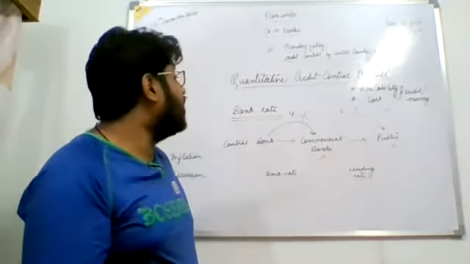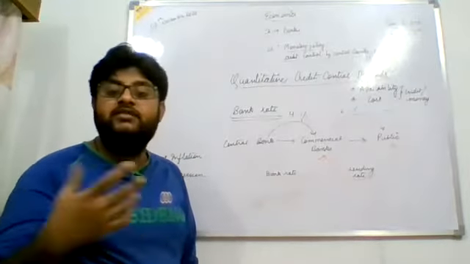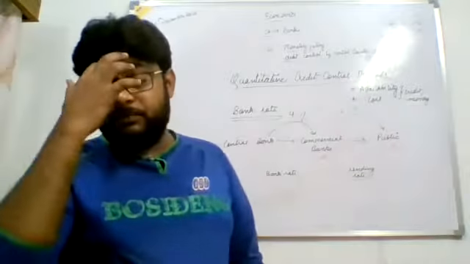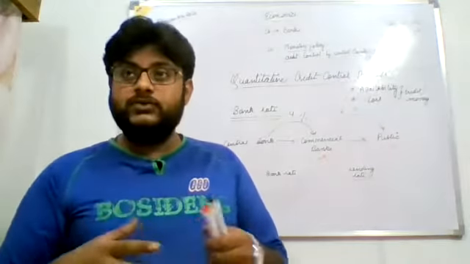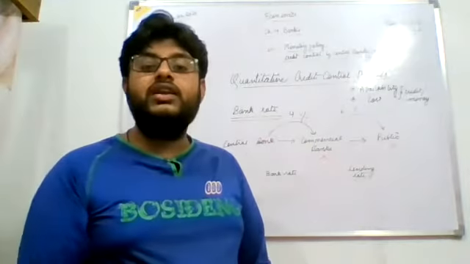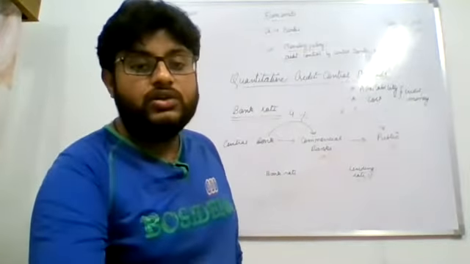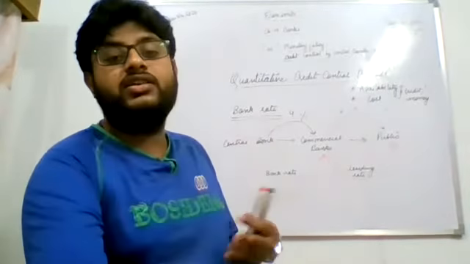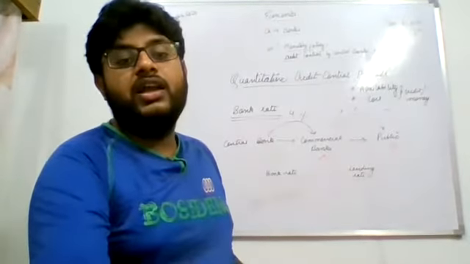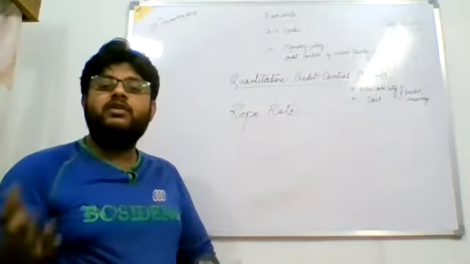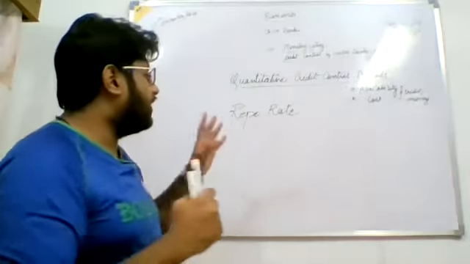So now we will see what the repo rate is, what the reverse repo rate is, and how they are adjusted to control inflation or recession in the economy, or to correct the inflationary pressure or the recessionary pressure. See, the concept of repo rate is the same as the bank rate.